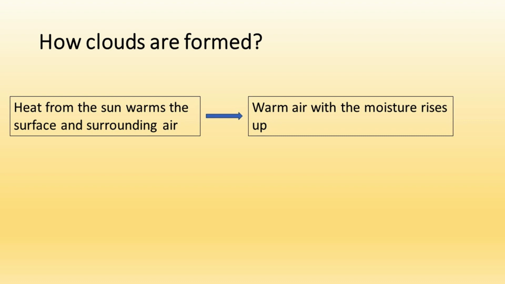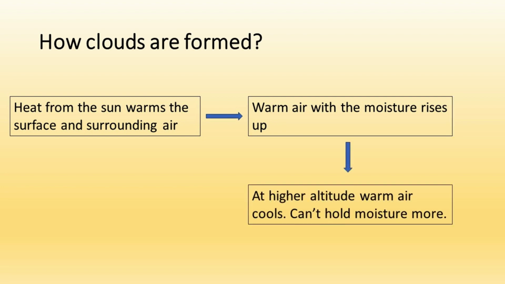So when warm air rises, it also takes the moisture along with it. As the altitude increases, temperature decreases. So the temperature of the moisture decreases with increase in altitude. At higher altitudes, warm air cools, that is, air cannot hold any more additional water droplets.